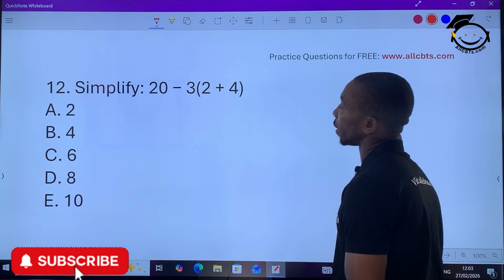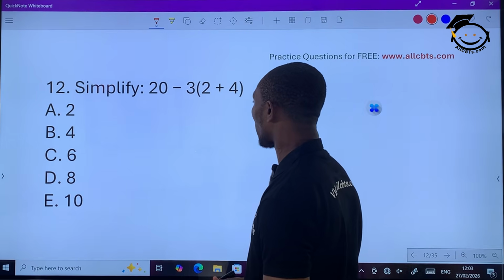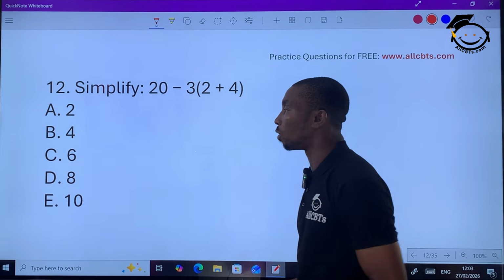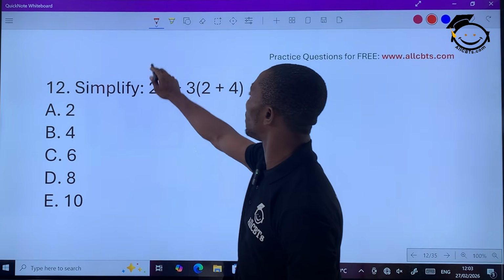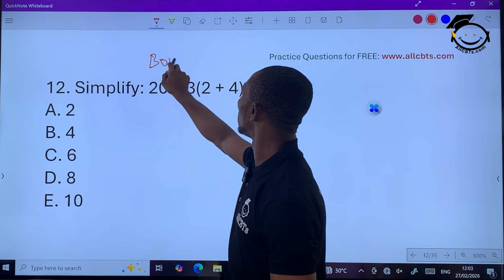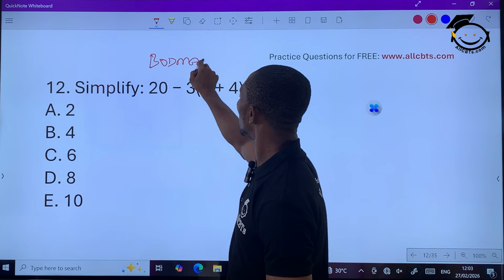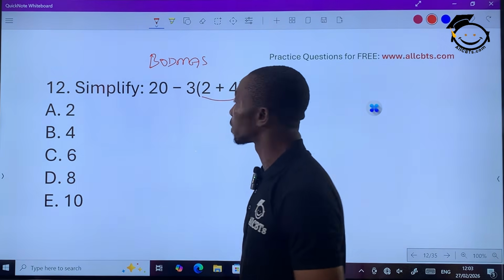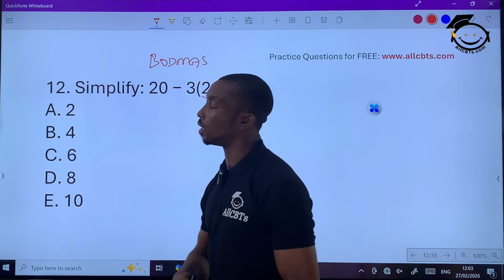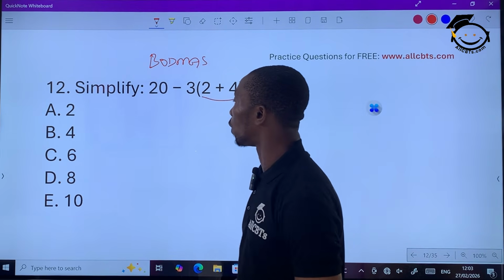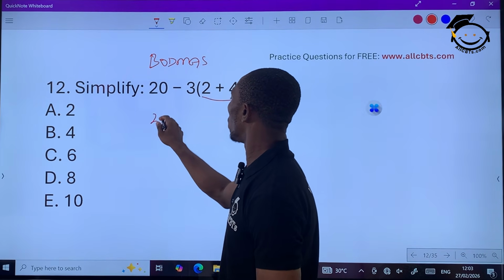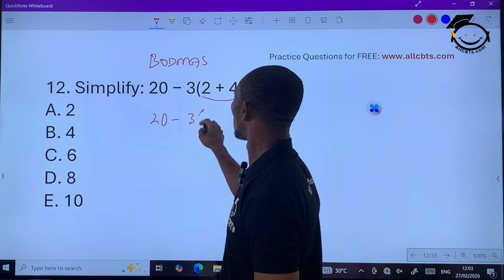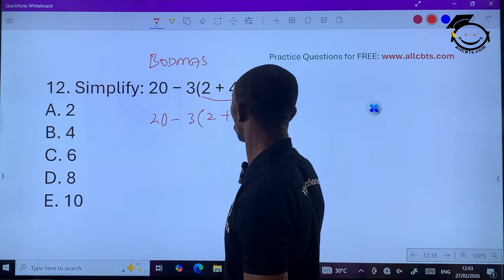Simplify 20 minus 3 bracket open 2 plus 4. Okay, now applying the BODMAS rule, we will first of all work on what's in the bracket. And what's in the bracket is 2 plus 4, which would be 6.